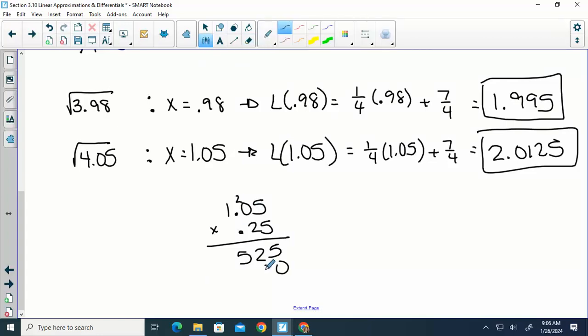So we would put the 0, carry the 1. 2 times 0 is 0, plus 1 is 1. How many decimals do we need? You have 4 decimal places in your problem, so you put them all together. So we would have this plus the 1.75.